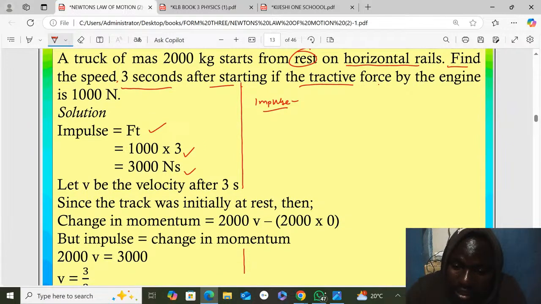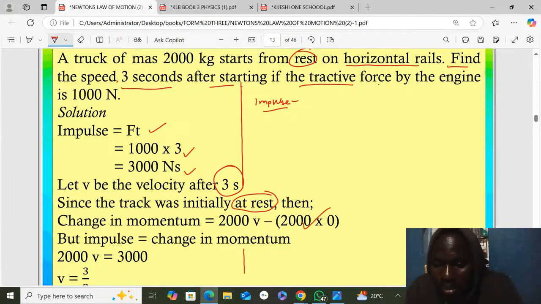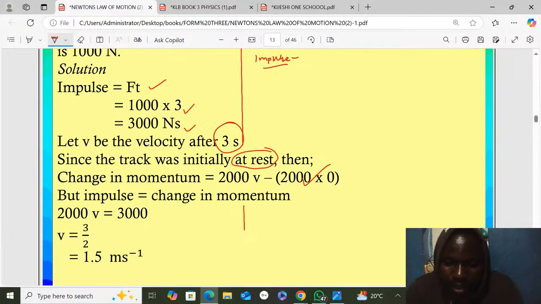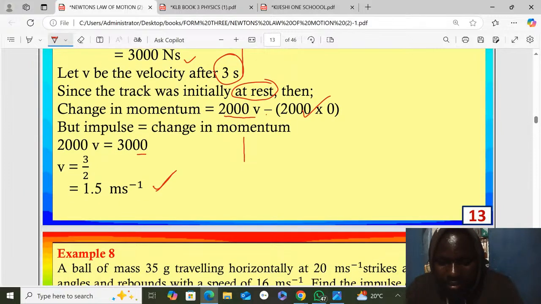We have said that it took just 3 seconds and it was at rest, meaning that the initial momentum is 0. So the impulse is also given by the change in momentum. Therefore, 2000 v, the final momentum, is equal to 3000, and we get the velocity as 1.5 meters per second.